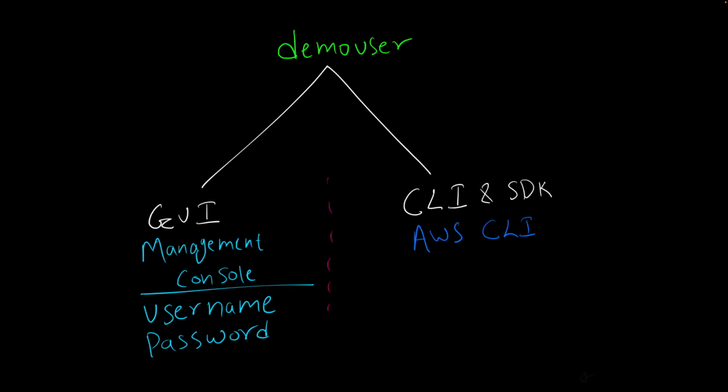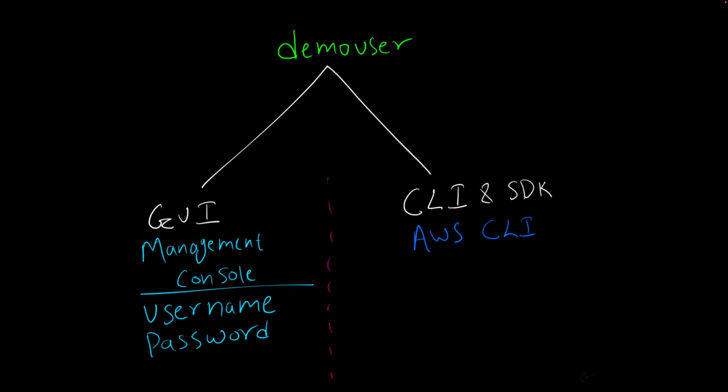Now, if you use SDK or CLI, and if there is any kind of automation that is to be performed, maybe an automation to continuously list my buckets, or maybe I'm developing a software, maybe I'm writing a code in Python to basically fetch the content from my machine and upload it to some virtual machine or S3 bucket. If that happens, you cannot keep defining a username and password for every call that the software makes to AWS. You can't.